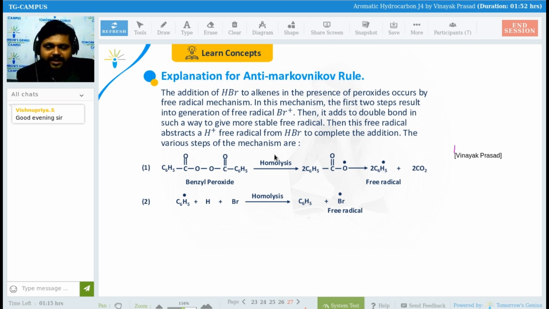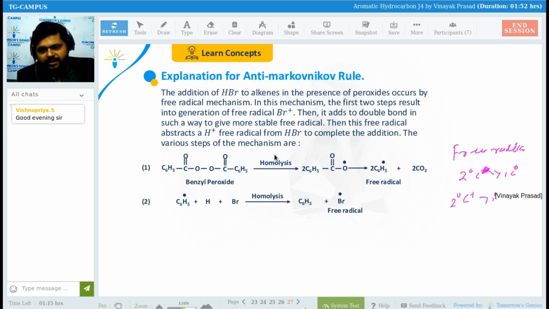So you might know that in case of free radical, a 2 degree carbon free radical is more stable than a 1 degree carbon free radical. In case of carbocation, a 2 degree carbocation is more stable than a 1 degree carbocation. Clear?